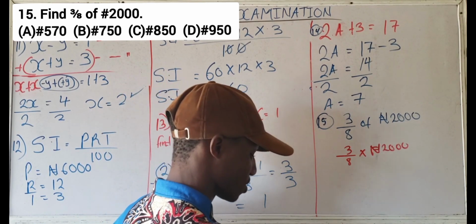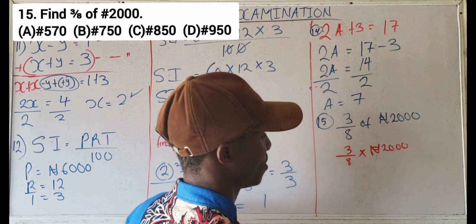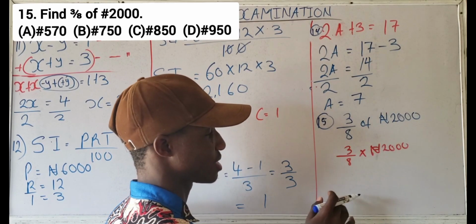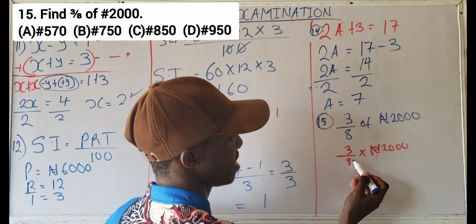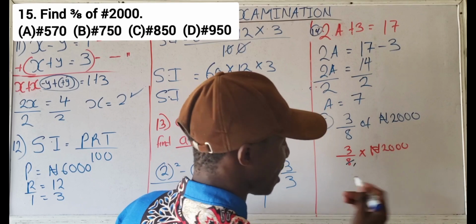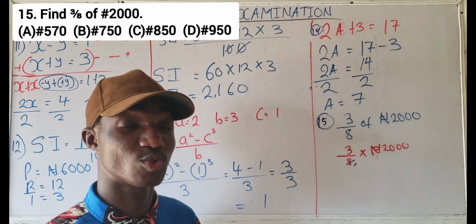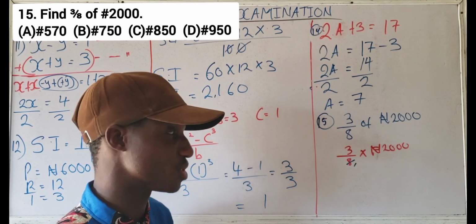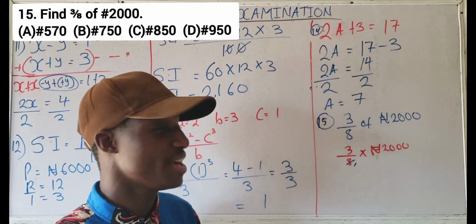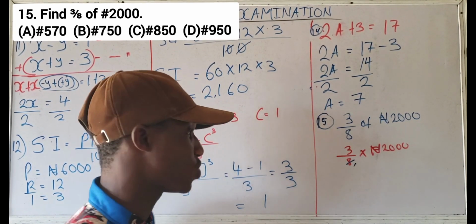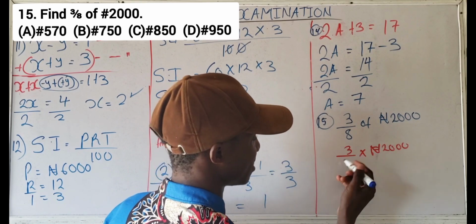You can reduce this to lowest terms. If you are allowed to use a calculator, you can make use of a calculator. But in the case where you're not permitted to use your calculator, you can approach it like this.